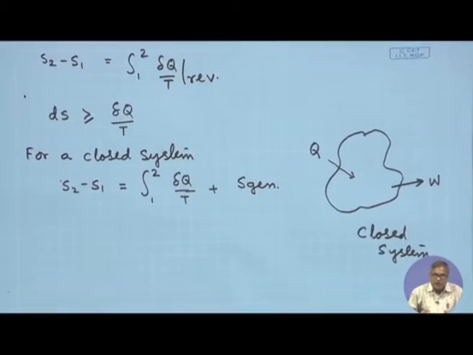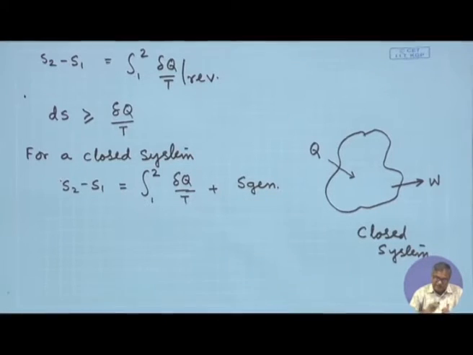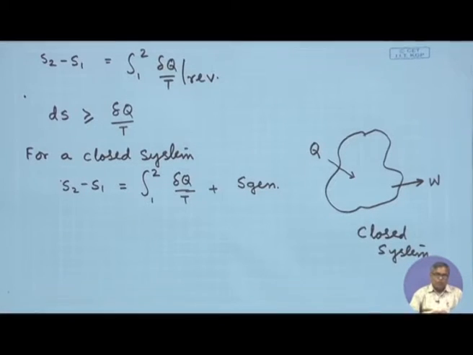So, S2 minus S1 gives the change of entropy for the process to go from state 1 to state 2. That is equal to integration 1 to 2 dq by T plus S generated. Here you see one new term has been introduced, called S generated, entropy generated.